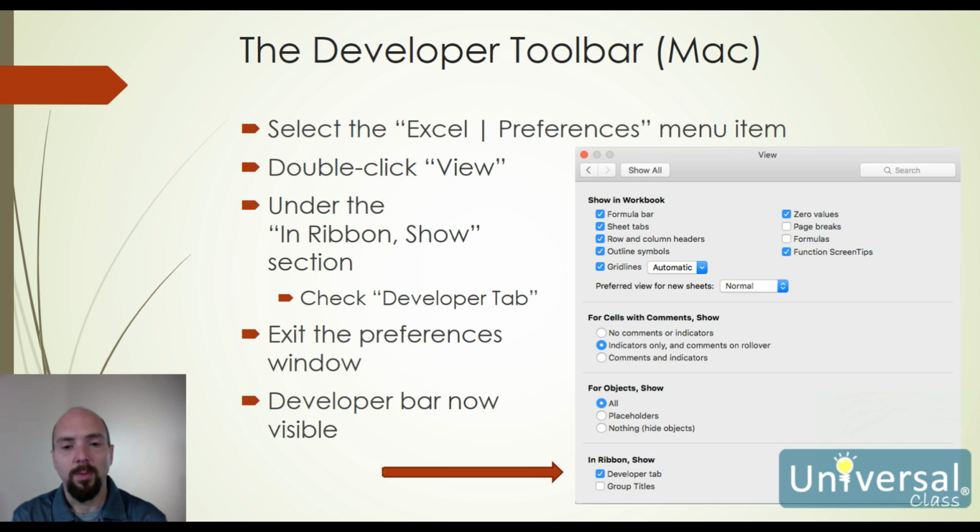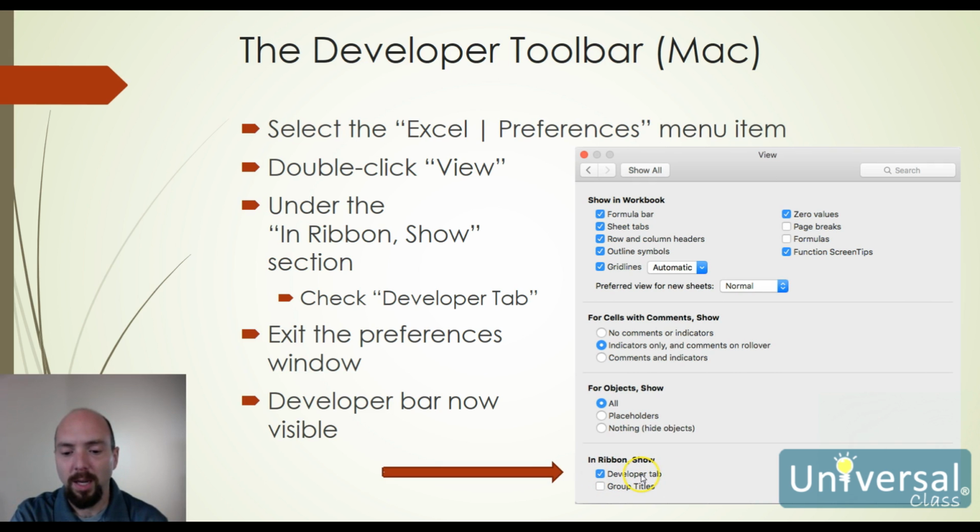One of the first things that we need to do is turn on what's called the Developer tab. There's a different way to do it on the Mac versus on a Windows computer, so I'll show you both. On the Mac, you go up to the Excel menu and select Preferences. In the Preferences panel, you go to View, and at the bottom you'll see, in ribbon, Show Developer tab.